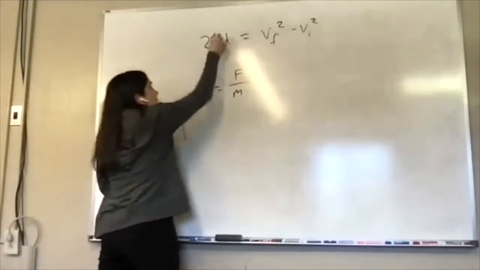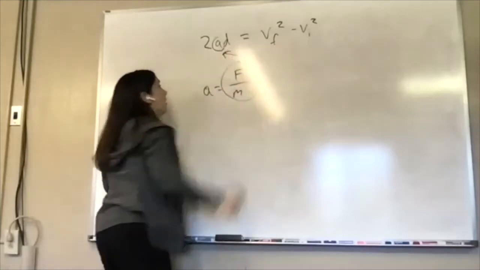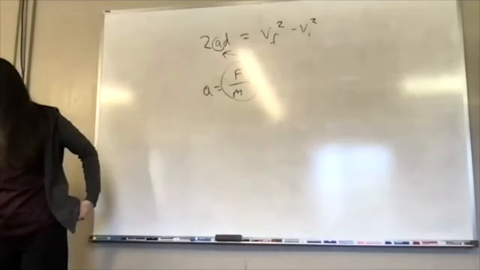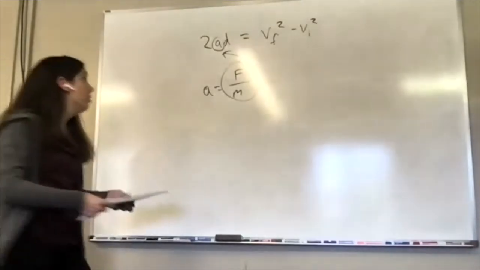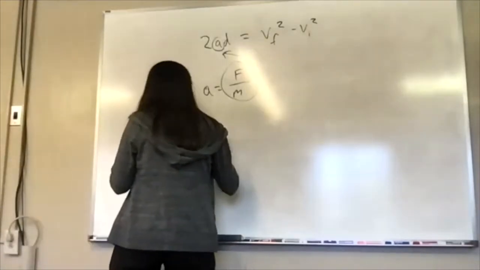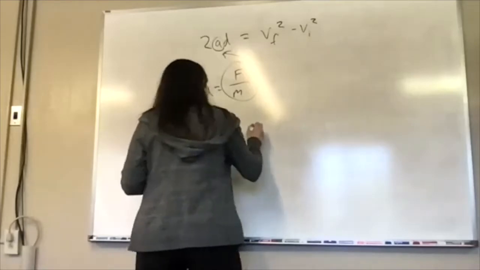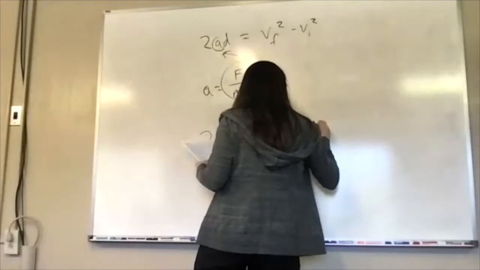Because there's acceleration here, we can put that into this equation, and that will relate force, mass, and velocity. So when we do that, we now get 2F over m times displacement equals v final squared minus v initial squared.